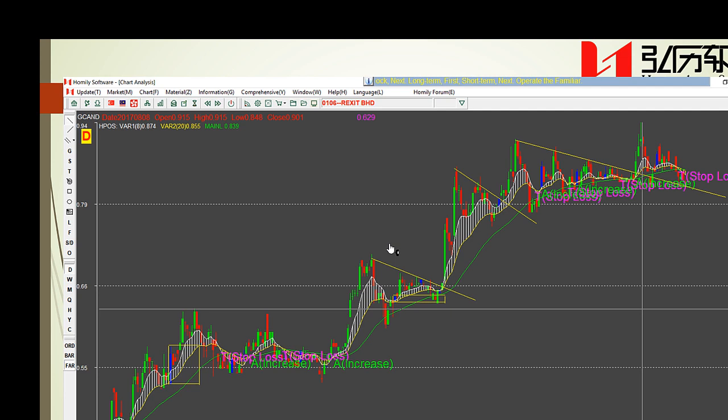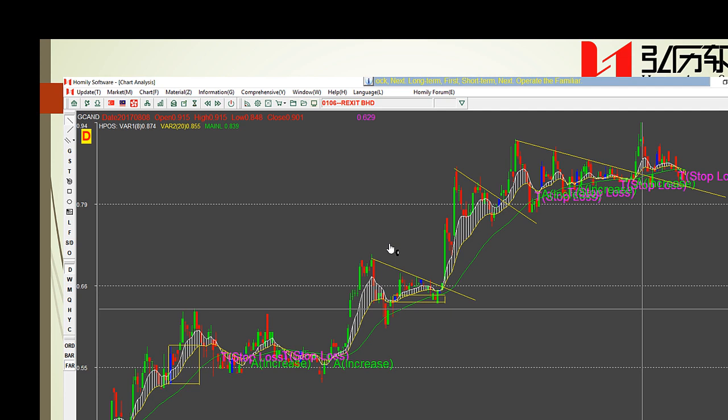So here usually we draw a rectangle, and if the price can break out of the rectangle area, we will buy it.